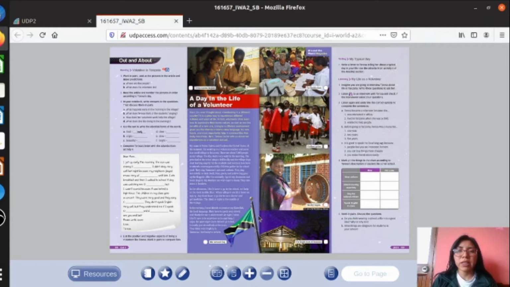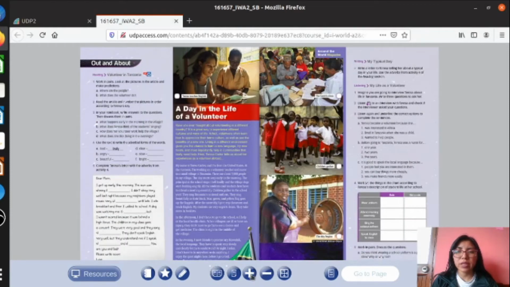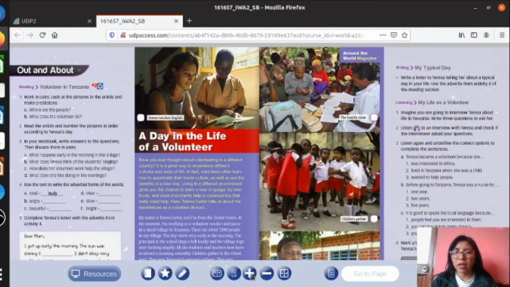But at the beginning, tell me, what is the topic of the reading? Do you know who she is? Okay, so we are going to read in order to understand better, okay? We are going to see the image, okay? For example, they are reading. What else?